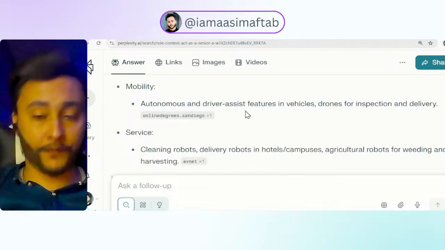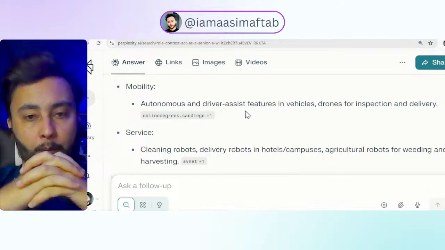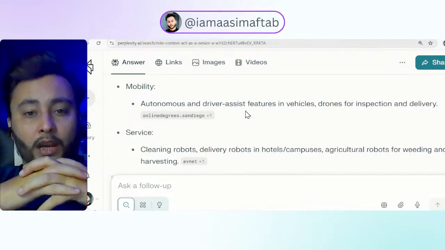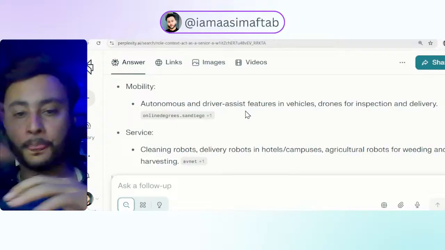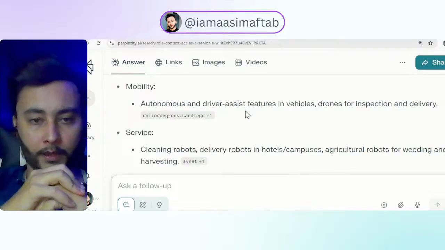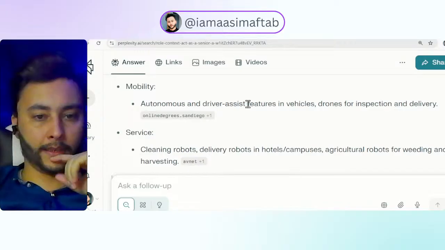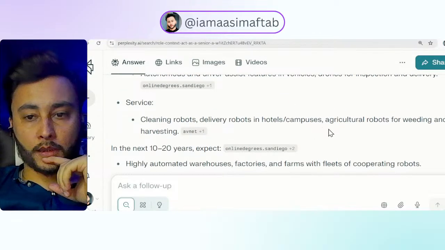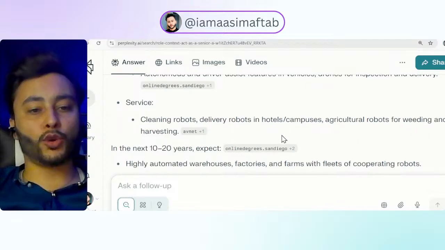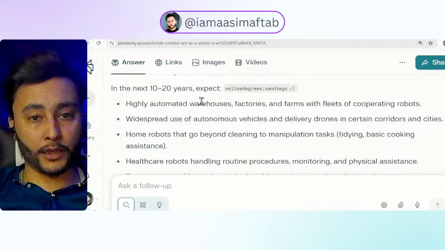We already have self-driving cars. In China it is very common, but in the world it is not common yet because we are transitioning from internal combustion engines to electric cars. We haven't made that transition yet, but the world is changing and we are taking steps towards it. Services: cleaning robots, delivery robots in hotels, campuses, and agriculture robots. It shows the applications of robots today and what is expected in the next 10 to 20 years.